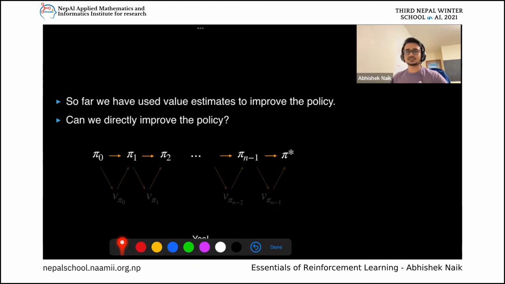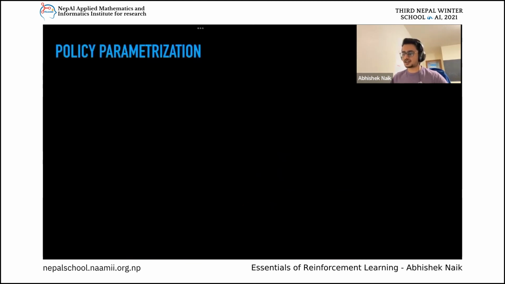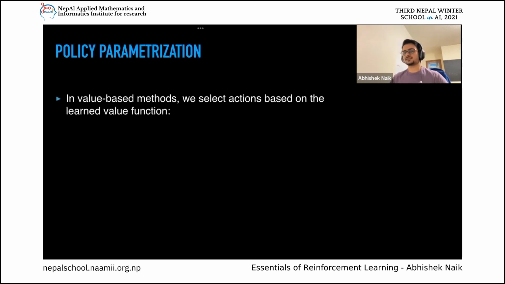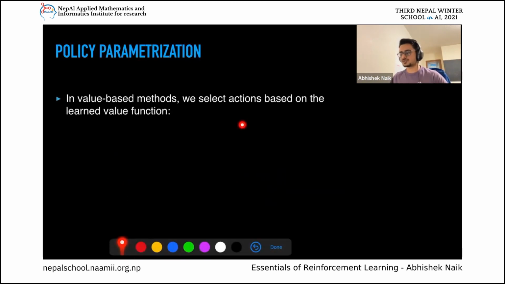So yes, there is a way to do that. And we'll do it by means of policy parameterization. In all of these value-based methods that we saw so far, we picked actions based on a learned value function. The action you take in a state would be the action that maximizes our action value function.